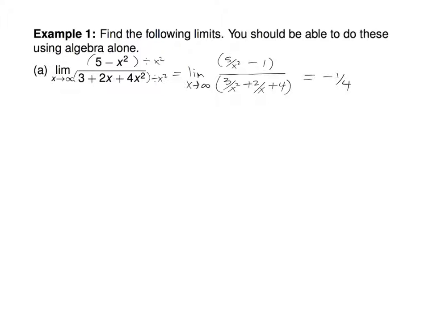Is everyone okay with what happened there? Yeah. And then what happens as x gets big to 5 divided by a big number squared? That's going to go to 0. And 3 over big number squared is also going to go to 0. 2 over big number is going to go to 0. So overall, this thing goes to negative 1/4. So that's the reason why.